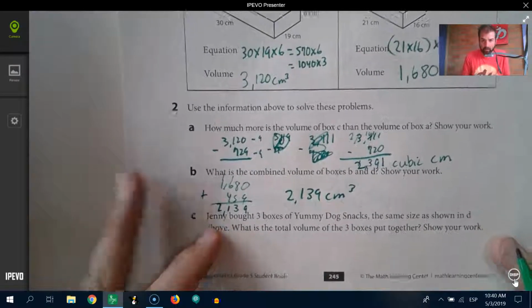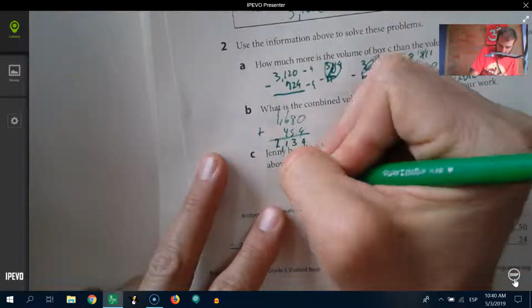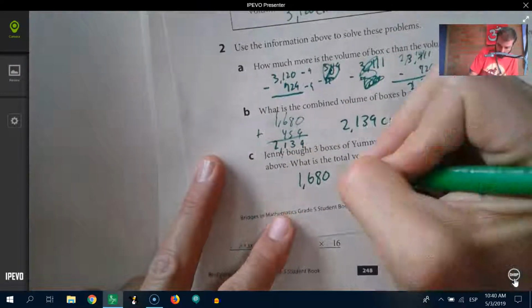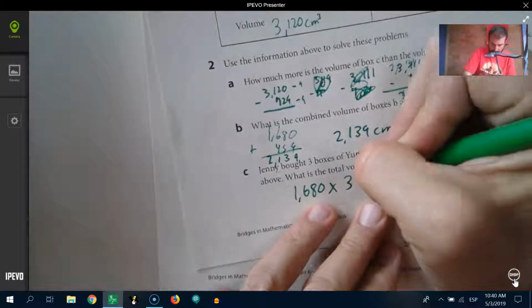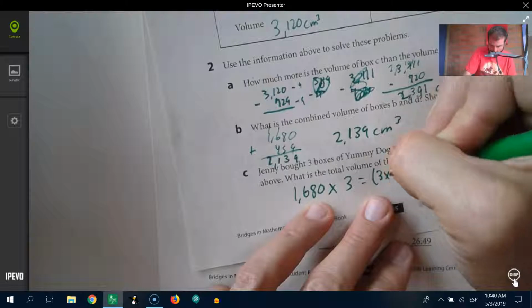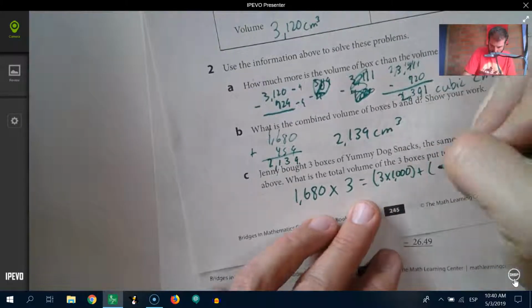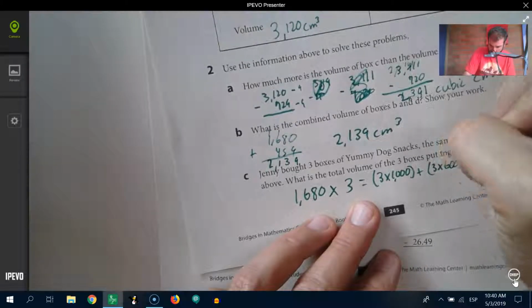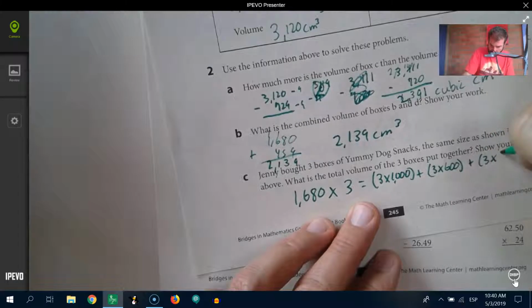Jenny bought 3 boxes of Yummy dog snacks, the same size as shown in D above. What is the total? Oof. So we have 1,680 times 3. So that can be broken down into 3 times 1,000 plus 3 times 600 plus 3 times 80.